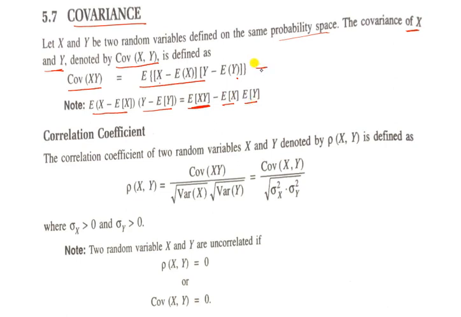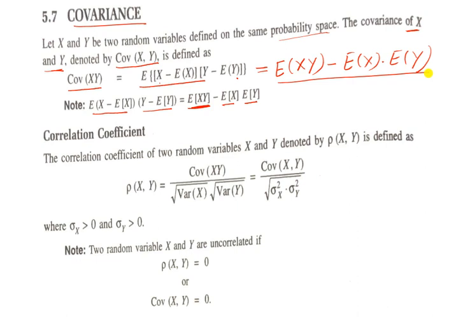This expression is rewritten in the form of expectation of x y minus expectation of x into expectation of random variable Y. So by using this formula we can obtain the covariance of two random variables X, Y.